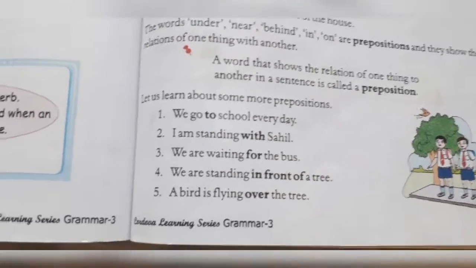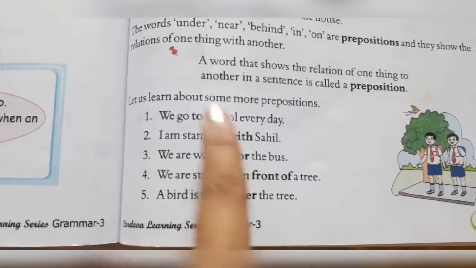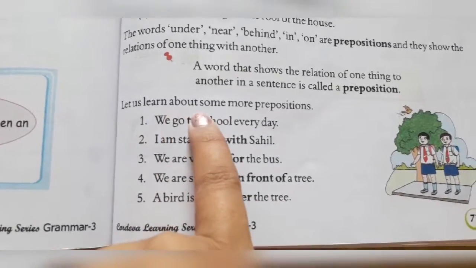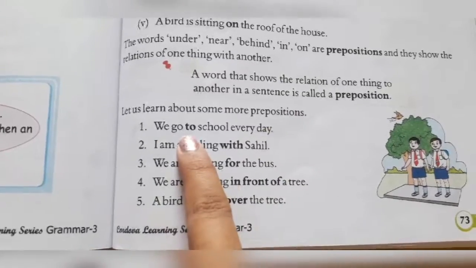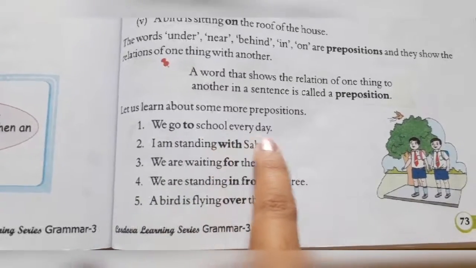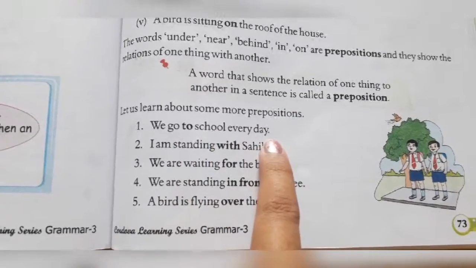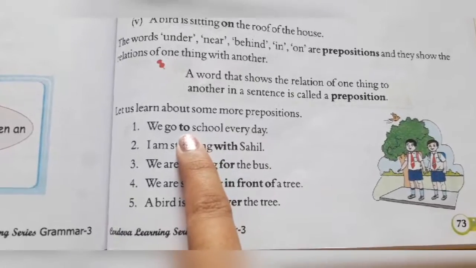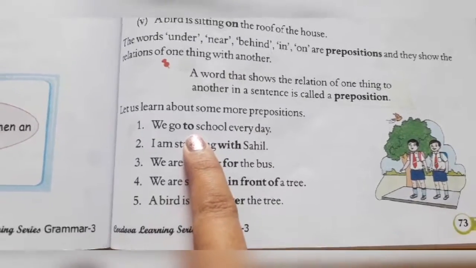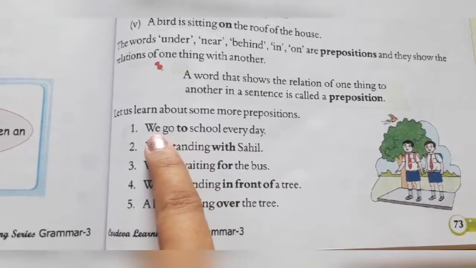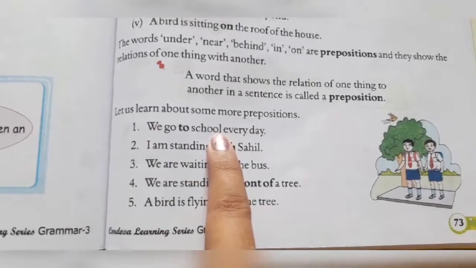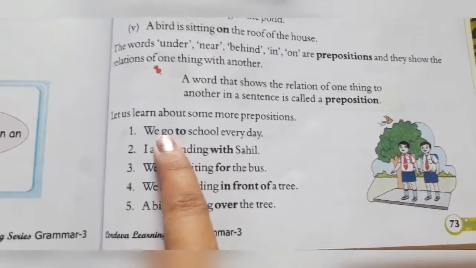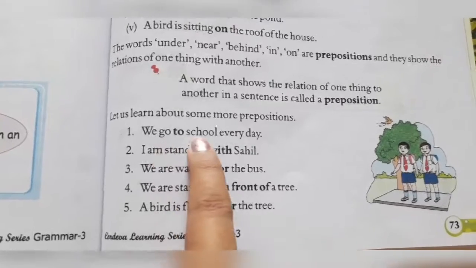If you look at the examples given here, let us learn about some more prepositions. We go to school every day. Here, the preposition to is showing us the relation between we and school, the action of going to school.